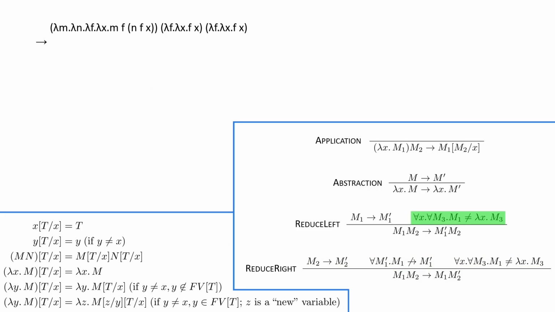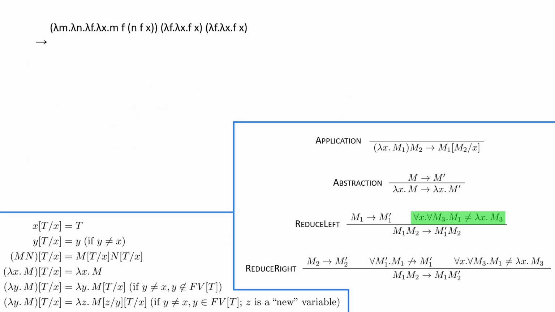This is a universal quantifier, which says that for any variable name, for any expression, M1 is not a lambda of that variable and that expression. Put informally, what this is saying is that the rator of this application is not an abstraction.